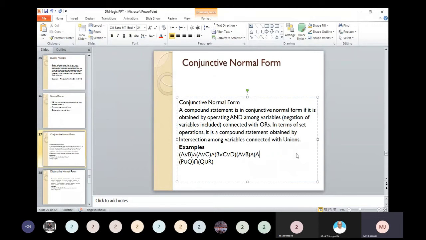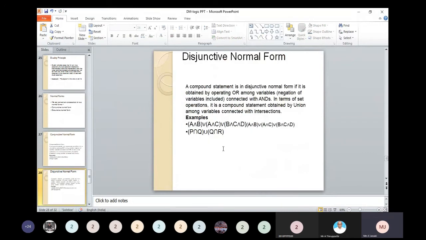Next, see, this is another example. P and Q, Q and R. So here in the first statement this is intersection, and both are the same only. You can use union and intersection. This is called disjunctive normal form. And finally, the previous one is a conjunctive normal form.